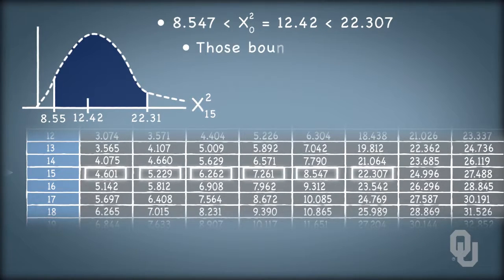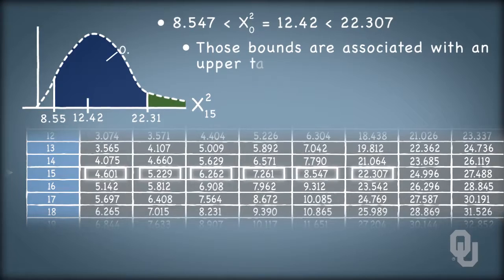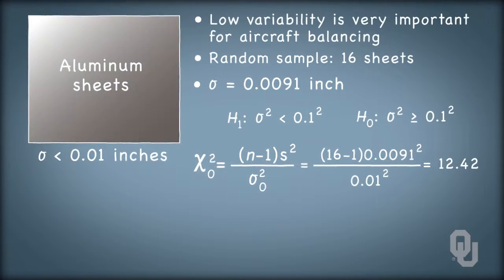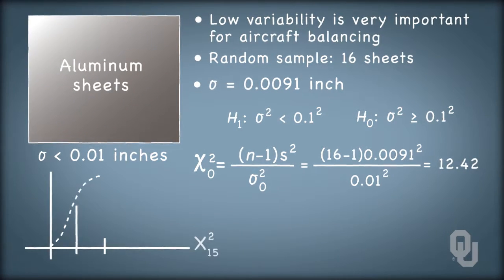Those bounds are associated with an upper tail area of 0.9 and 0.1, but we want the lower tail area. This must mean that the lower tail, the area below 12.42, must be bounded between 0.1, the complement of 0.9, and 0.9, the complement of 0.1. That is to say, the p-value is bigger than 0.1, and we can stop at that.